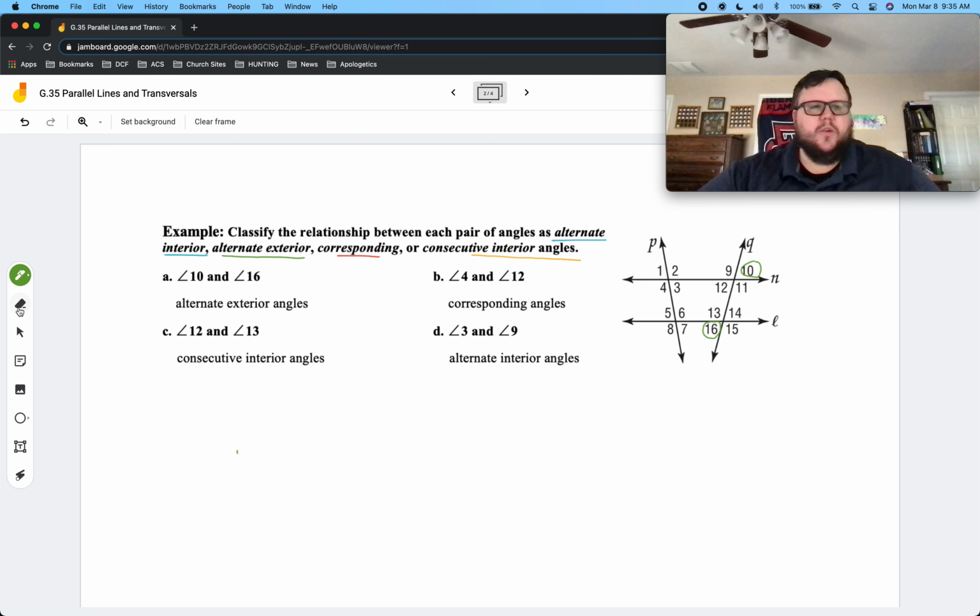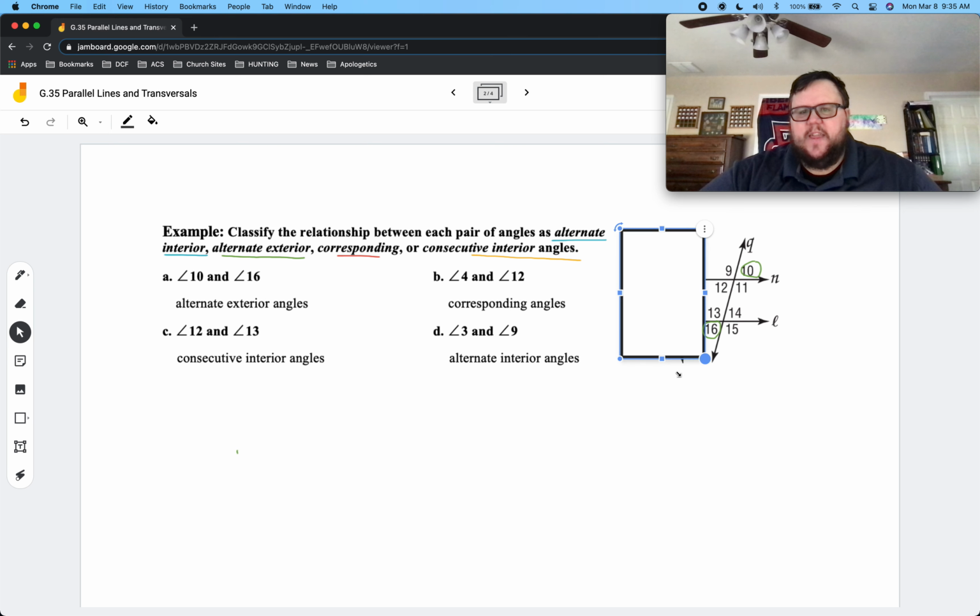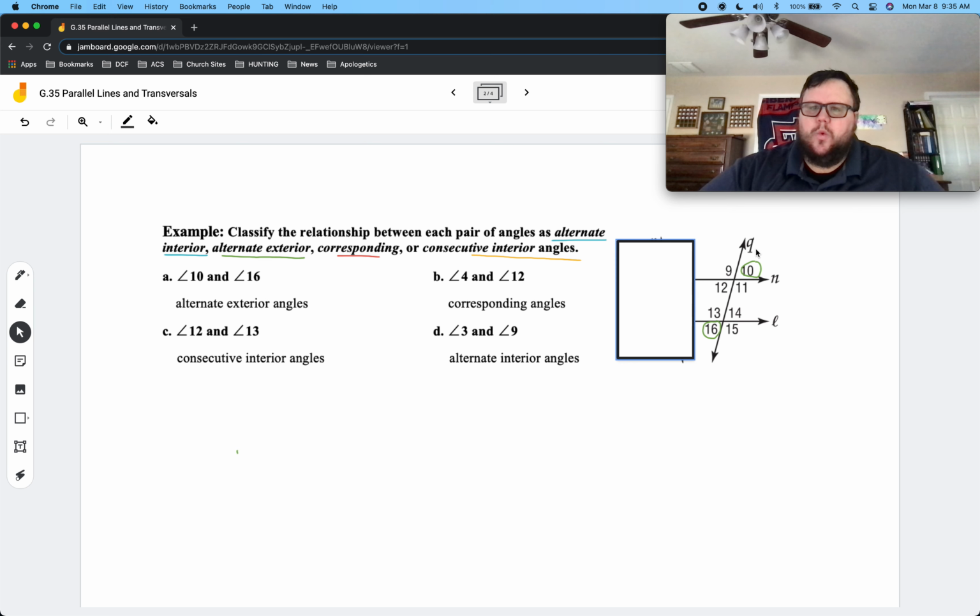So, essentially what's going to happen is this. Let me do this so I can hide this a little bit. So, imagine that this one is not here. Alright? So what we have is N and L are parallel lines, and Q is our transversal here. And they want us to know what angle 10 and angle 16 are to each other.